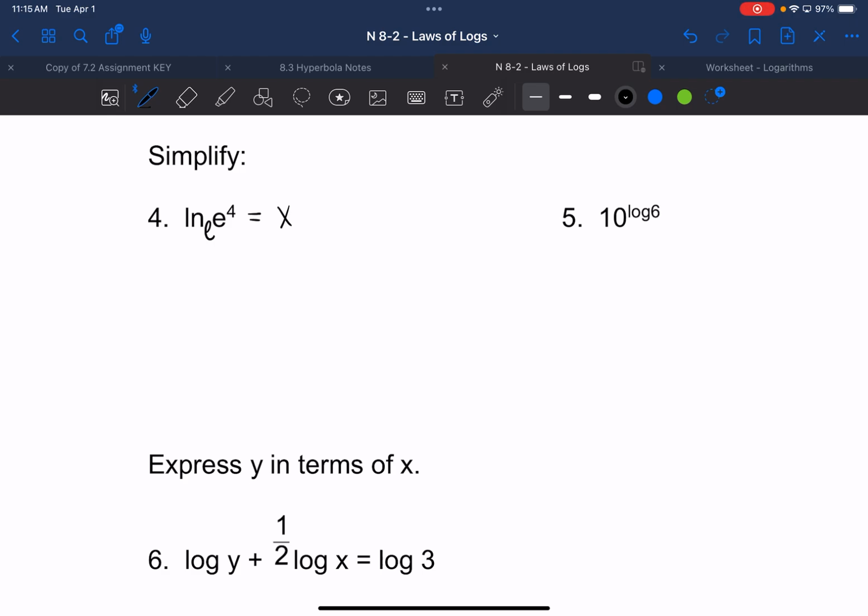So for natural logs, our base is e. So if we use that rule from yesterday about rewriting, I'd have e to the x is equal to what we were taking the log of, which was e to the 4th, right? So x has to be 4. Perfect. Easy enough, right? So that's just kind of using our rules from yesterday.